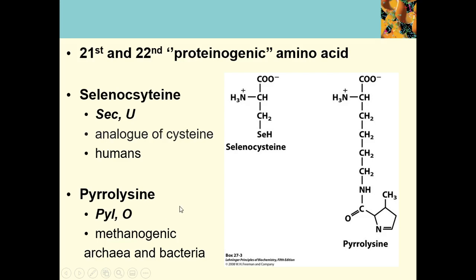Based on my readings, the stop codon is UAG, but in methanogenic archaea and bacteria, this UAG codes for this amino acid. So these are your 21st and 22nd proteinogenic amino acids, selenocysteine and pyrrolysine.